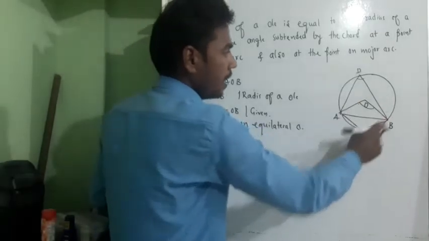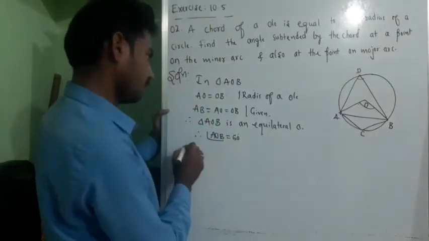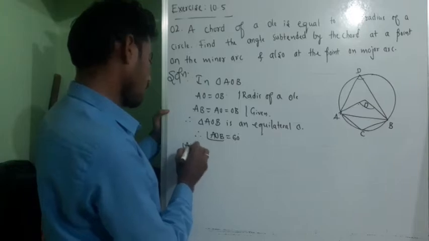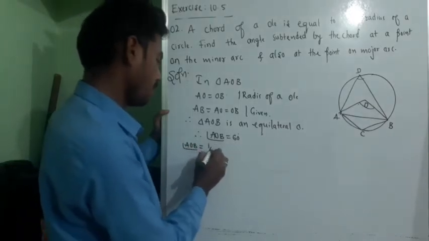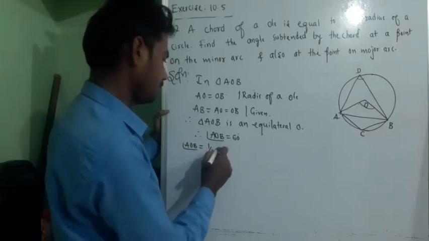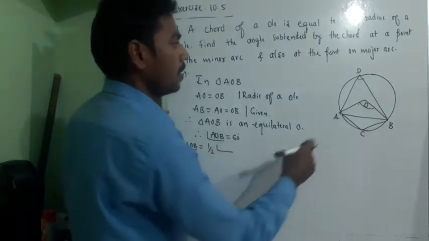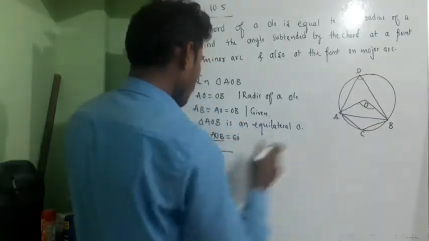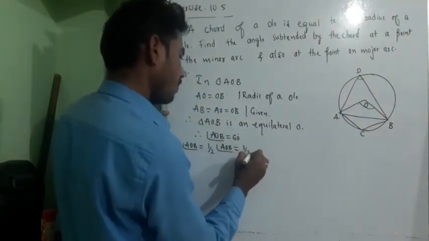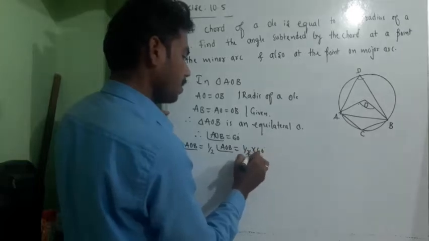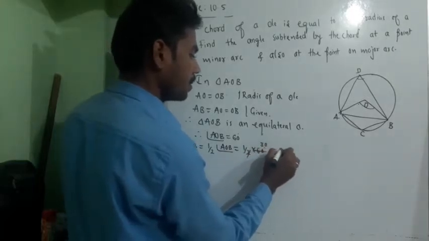If angle AOB is 60 degrees, then angle ADB will be equal to half of angle AOB, which is equal to half into 60, which is 30 degrees.